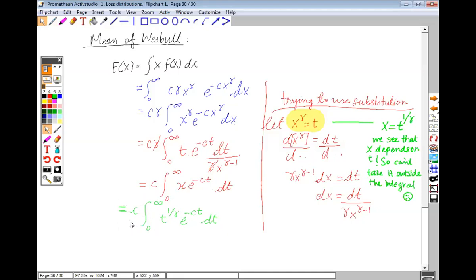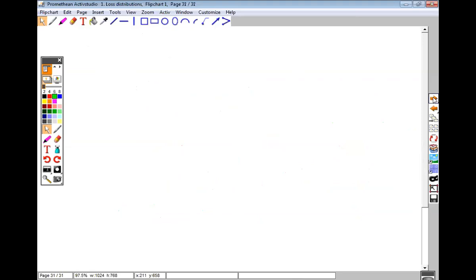I'm comparing the parameters. Okay, I'm just going to write that again. So what we have here is c integration from 0 till infinity, t raised to 1 upon gamma, e raised to minus ct dt, right?